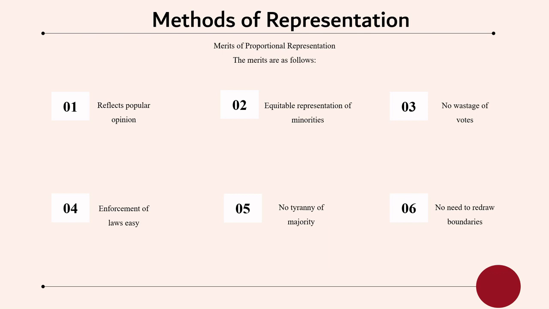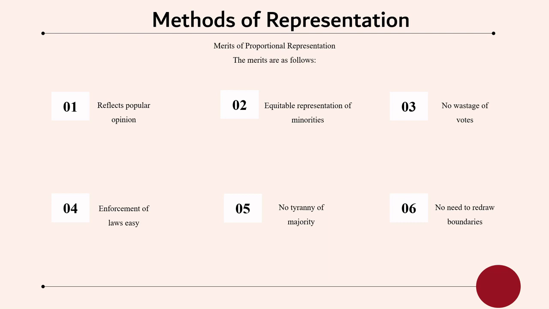Fourth, enforcement of laws easy. Laws passed by the legislature reflect the opinion of the majority of the people. Therefore, laws can be easily enforced. Fifth, no tyranny of majority. Democracy is meaningful as there is no tyranny of the majority under proportional system.